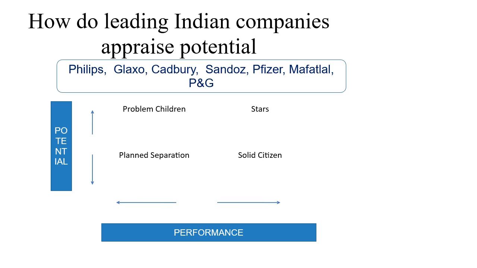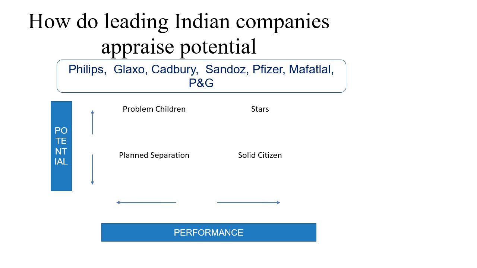If the potential is very high and the performance is very low, they are identified as problem children. When they are being trained, their problem is identified. When the potential is very low as well as performance is very low, you just ask them to resign from the organization. You have a planned separation for them.